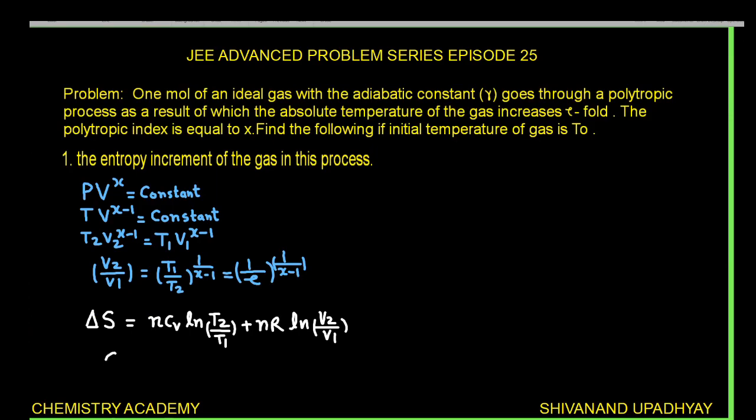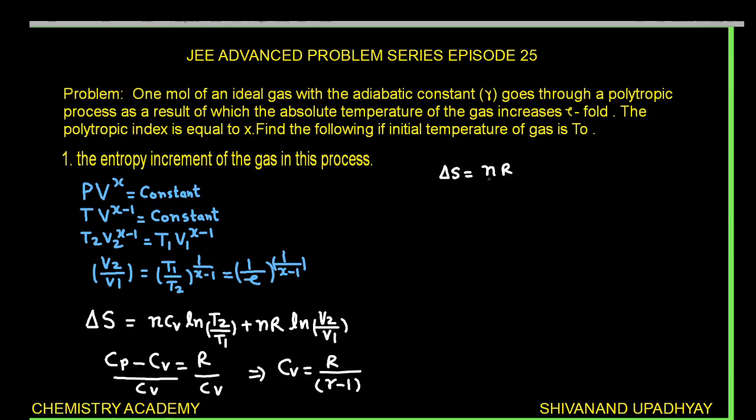We know that for an ideal gas, Cp minus Cv is equal to R. If I divide both sides by Cv, I can write the value of Cv in terms of gamma: Cv is equal to R upon gamma minus 1, because on simplifying, the left hand side is gamma minus 1. Now if I put the value of Cv in this equation, the entropy change is equal to n into Cv.